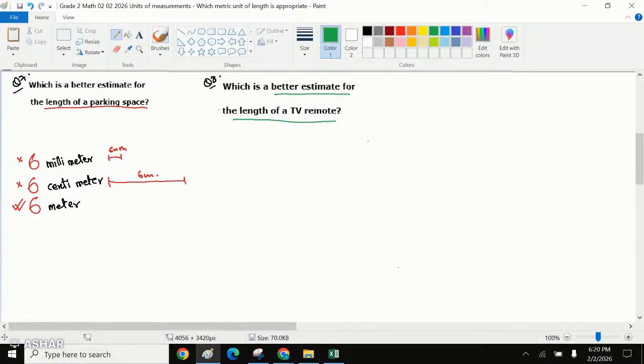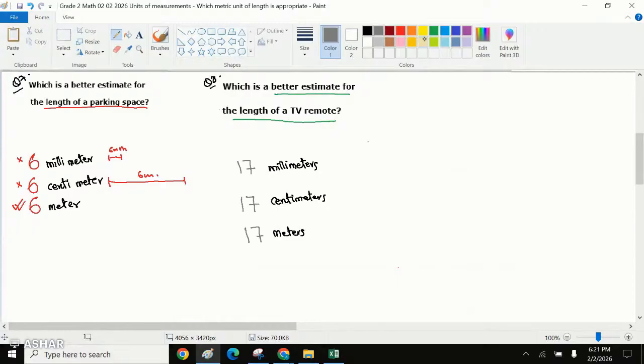So if I would say millimeters, centimeters, or meters. If I would say 17 millimeter is a better estimate, 17 centimeter is a better estimate, or 17 meters is a better estimate. What is a better estimate for the length of a TV remote?